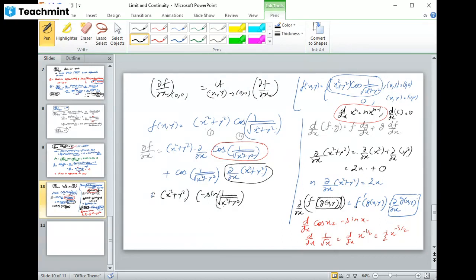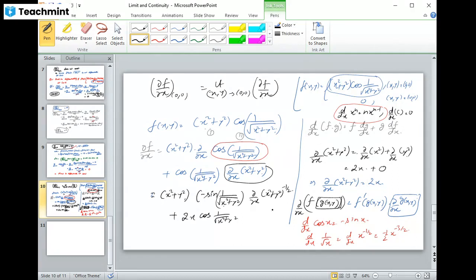Derivative of f of g of xy is f dash. Now again it is a composition of the function, so derivative into partial derivative with respect to x of x square plus y square raised to the power minus 1 by 2. And here this is 2x times cos of 1 upon square root of x square plus y square.